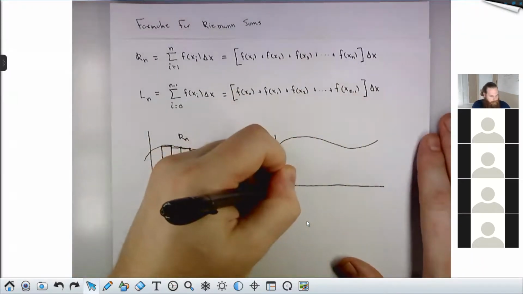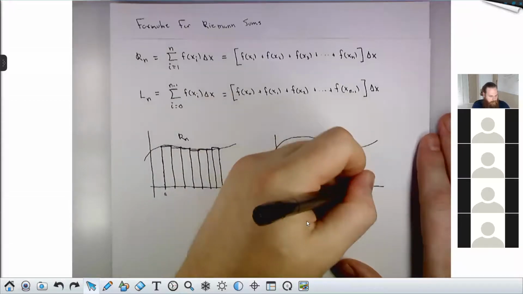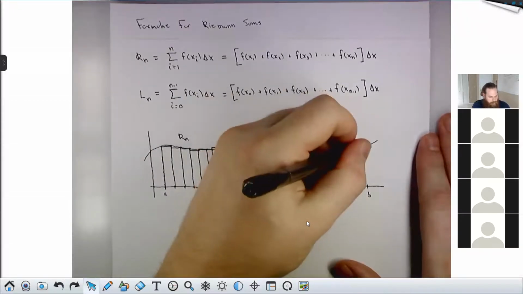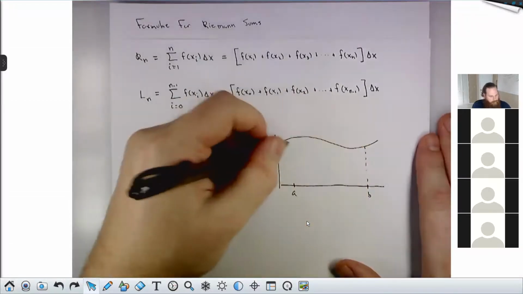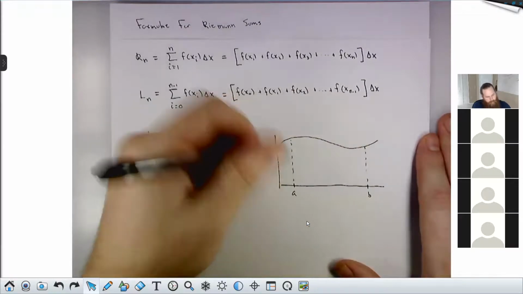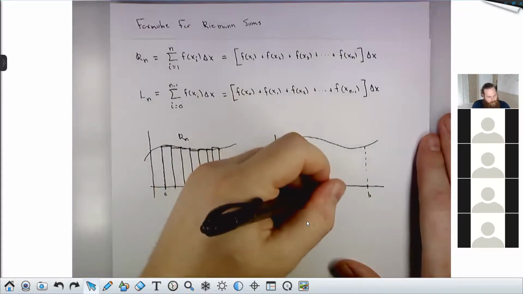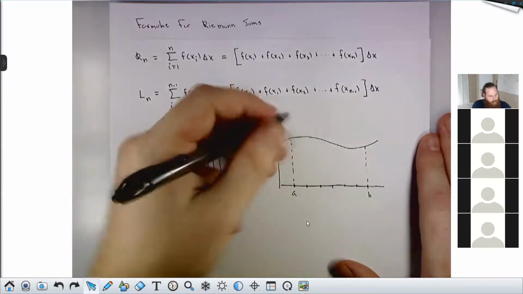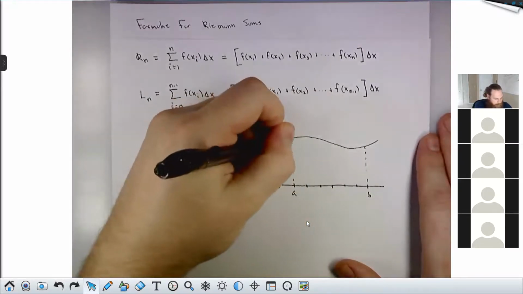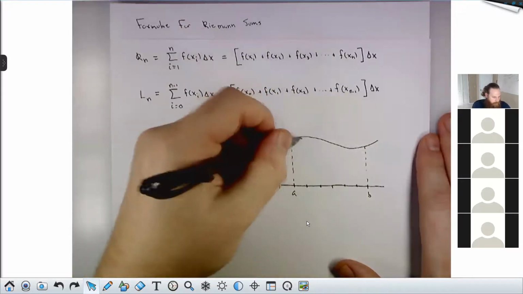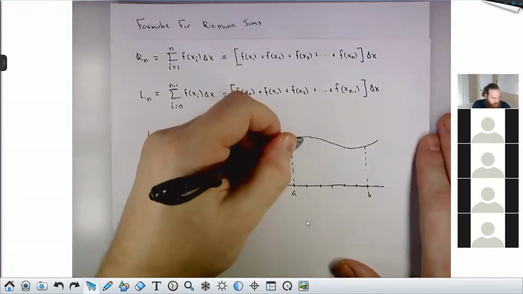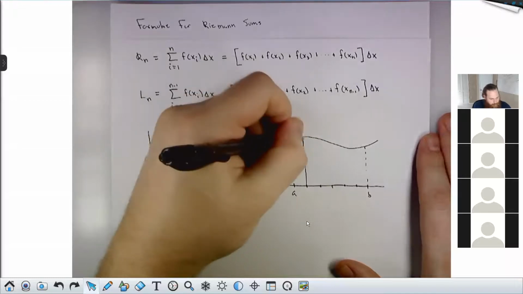The picture for Ln is very similar. We chop this up into a bunch of subintervals. But now we use the left endpoint of each one to determine the height.